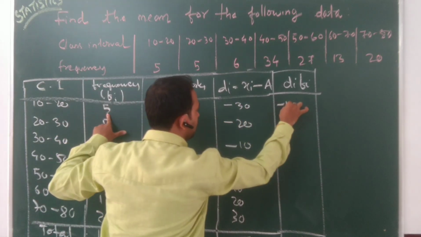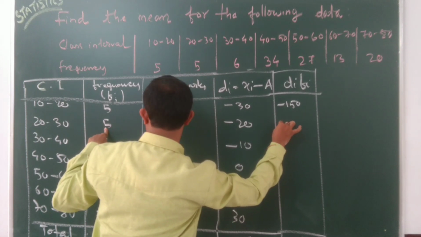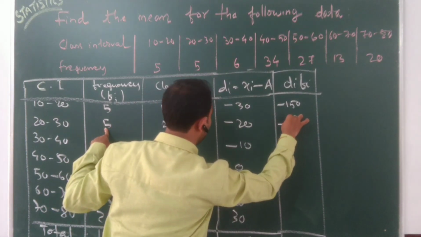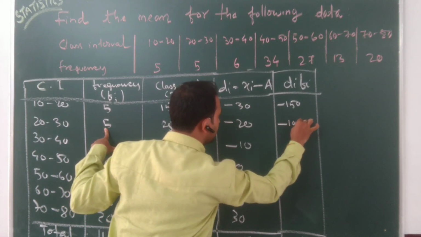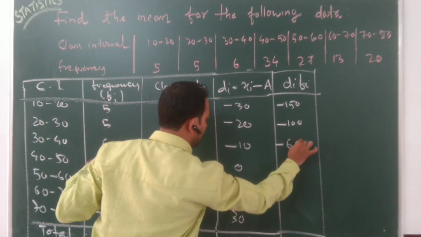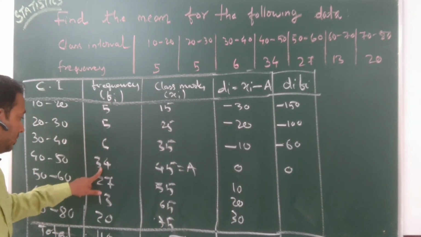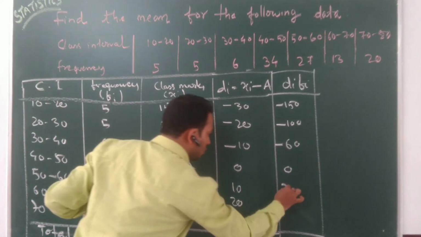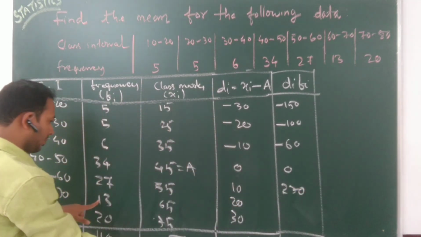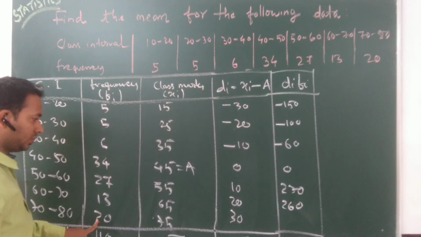Minus 15, then next minus 25, then minus 10, 0. Next 6 into minus 16, and 0 into 34 will get 0. And if you proceed, 270, next 13 to jump 26 and 0 and 60.